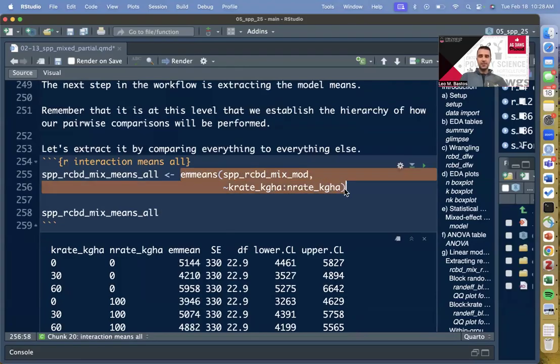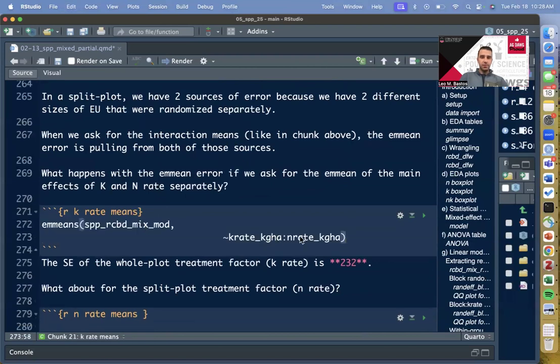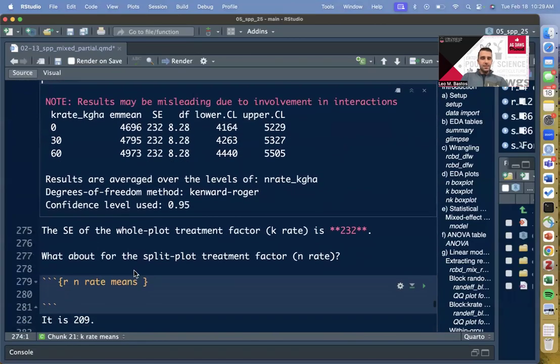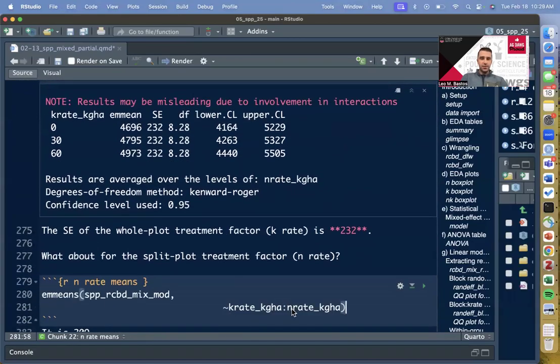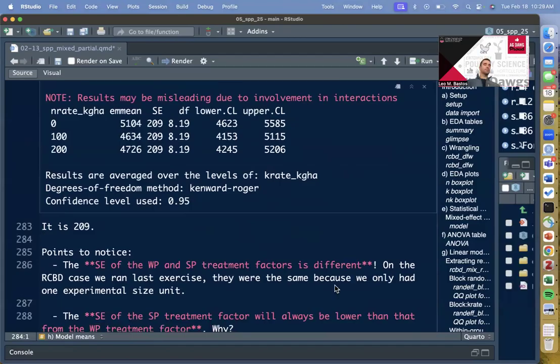So I'm just going to copy this. This chunk here was just getting the means only for potassium and looking at the error. And the next chunk was just for nitrogen, so that way you can keep the code as well. You don't have to delete it.